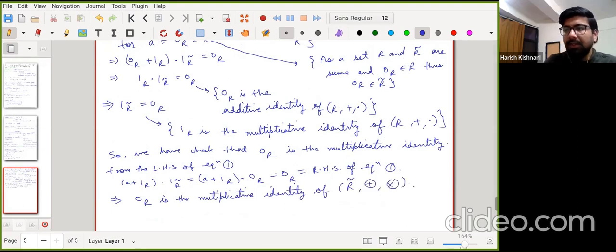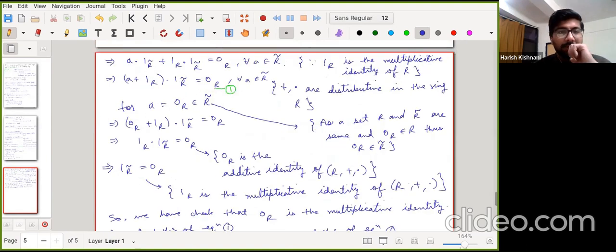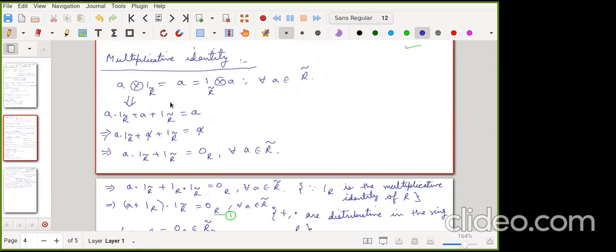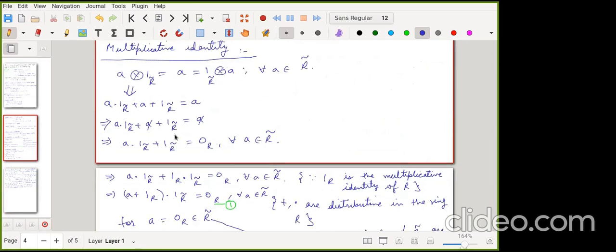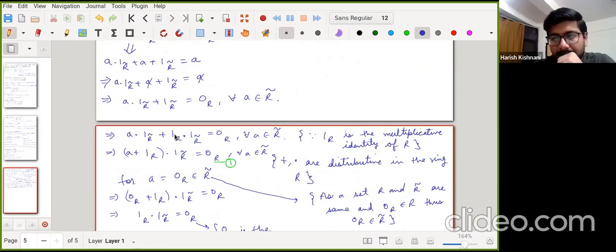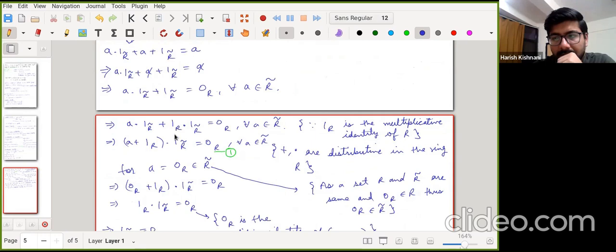Maybe I will just say this part again, and if you still have any doubt, then you can just let me know. I have a doubt, sir. First, you defined A plus B equal to A plus B plus 1, where the one is the identity of R. One is the identity of the original ring.